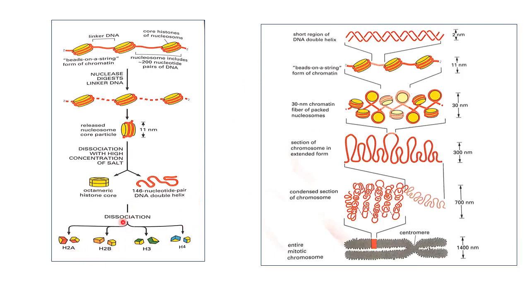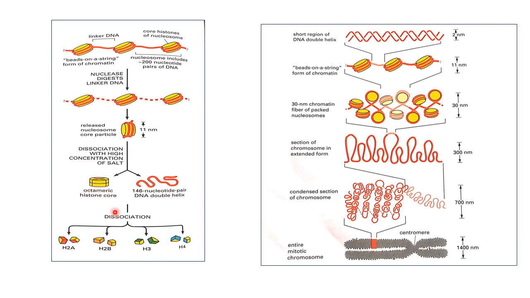Taking from the base of this figure first, these are 4 histone proteins: H2A, H2B, H3 and H4, and 2 molecules of each protein are used to form a histone octamer.